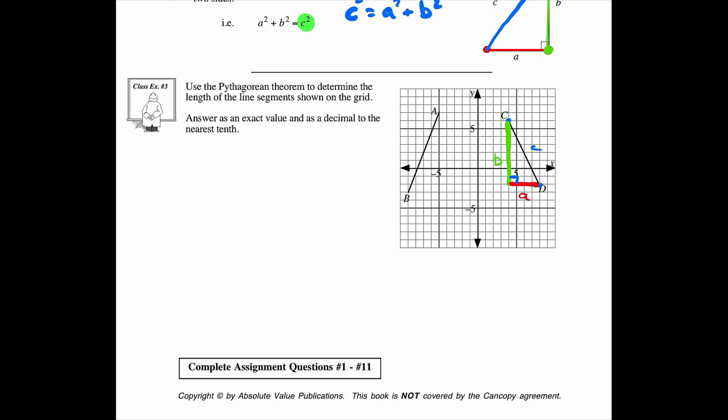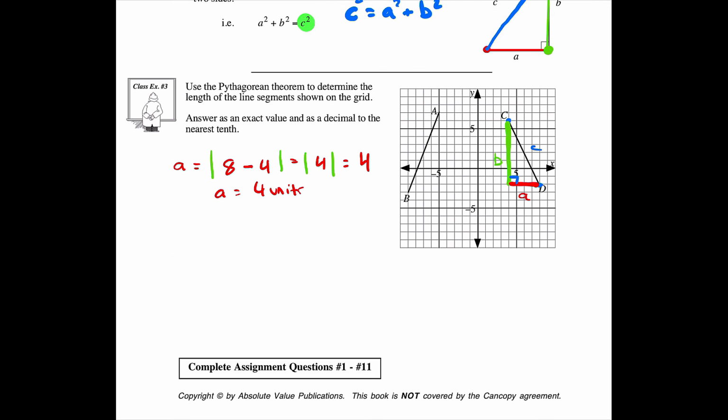So let's figure out the length of line A, and that is going to be the most positive x value minus the more negative x value, which is going to be the absolute value of 8 minus, looks like 4. So that equals the absolute value of 4, and the absolute value of 4 is 4. So line A is 4 units long.